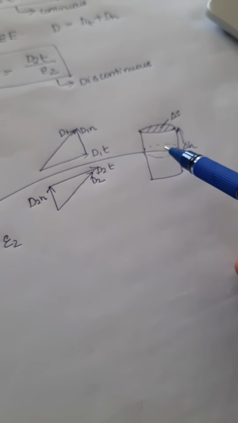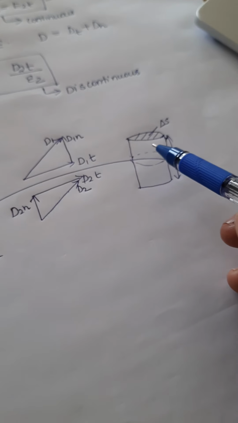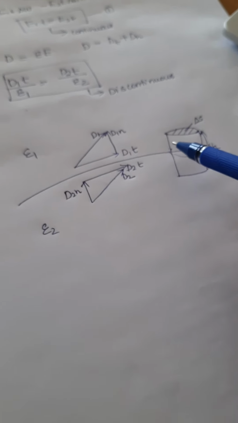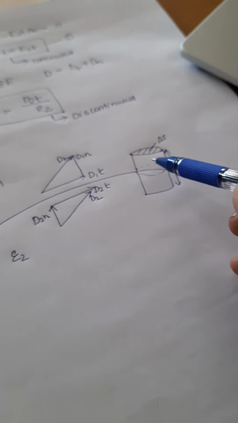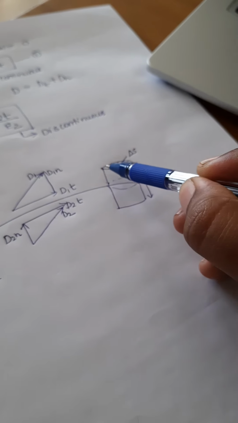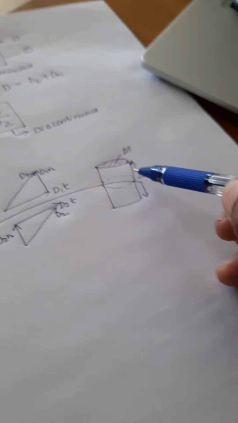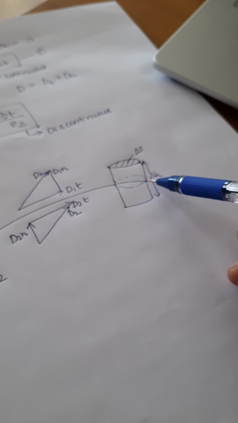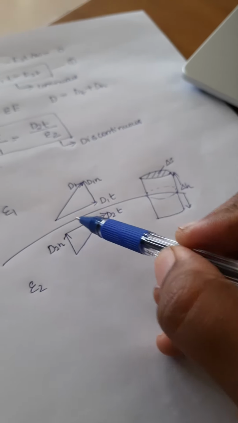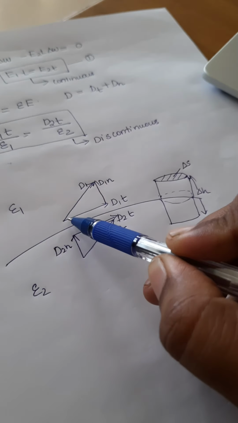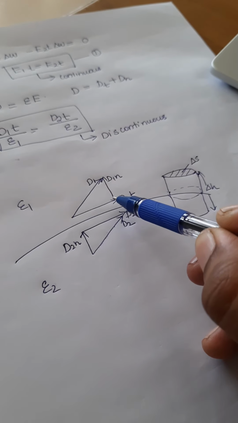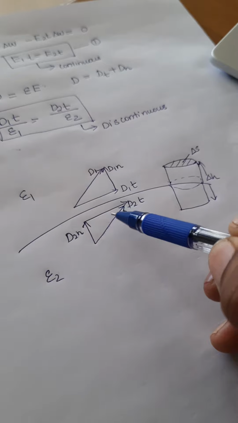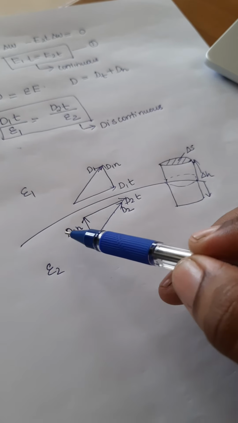Now we consider a cylindrical surface. Here we have a cylindrical surface, and its area is delta S, and at the boundary the height is delta H. Here the flux density is composed into two terms, tangential component and normal component, in two different media.